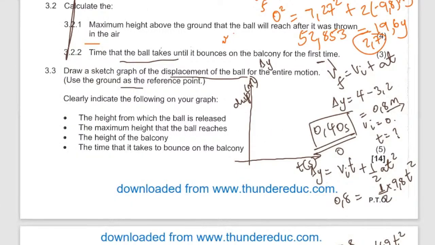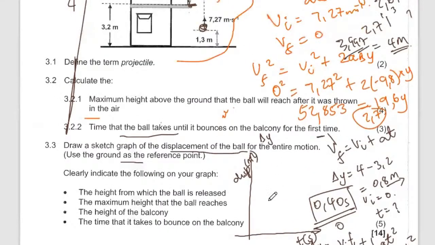is that this ball is going to start at a height of 1.3 meters. Then it will go up, reach a maximum at a height of 4 meters. That's what we said. Then it will come down, after a certain time.